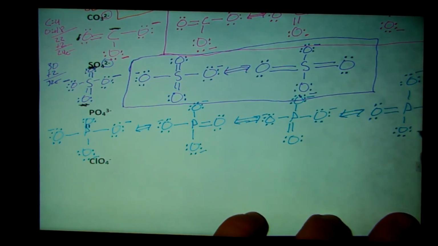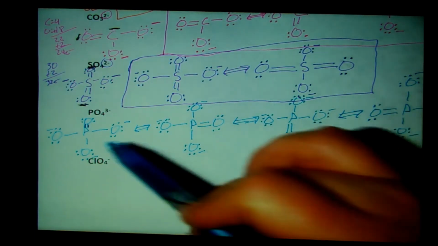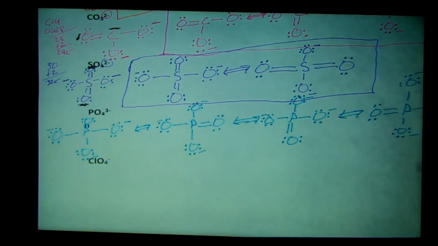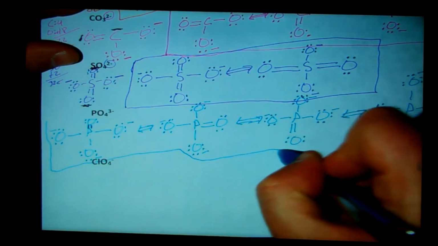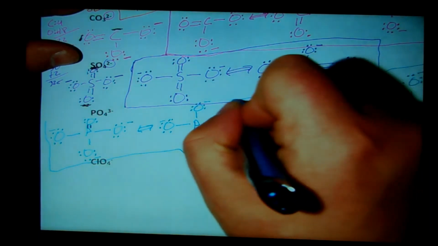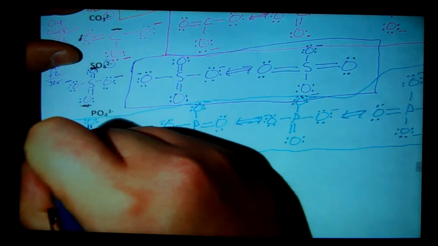Negative, negative, negative. 1, 2, 3, 4. Okay, and I'll box it just so that nobody freaks out on me. That is a horrible box, but you get the point. It's in there.